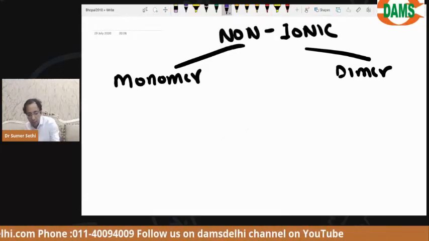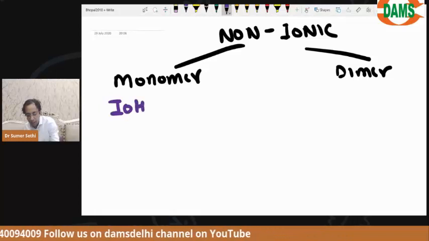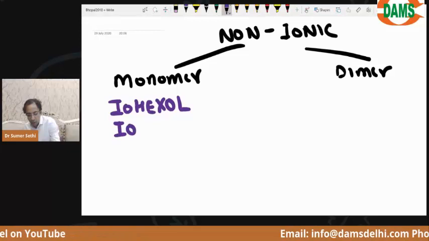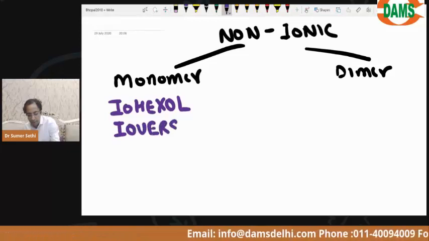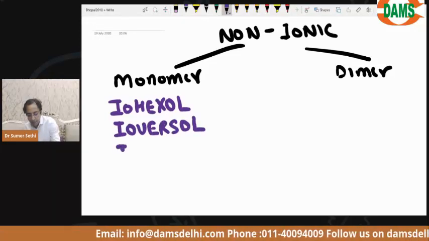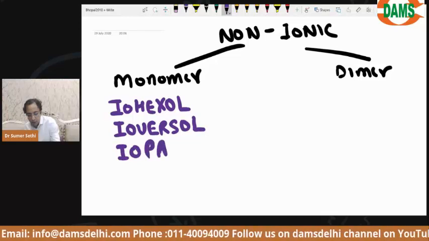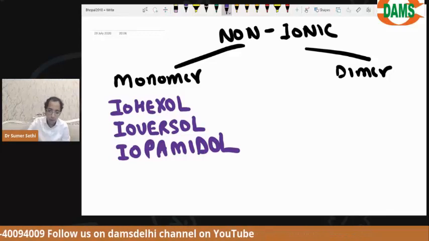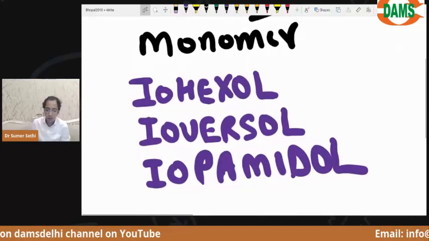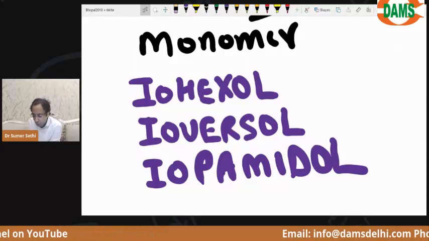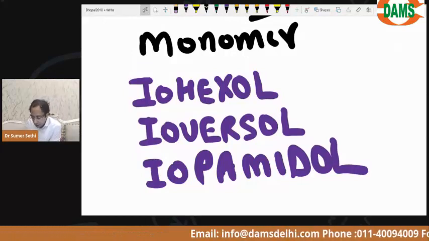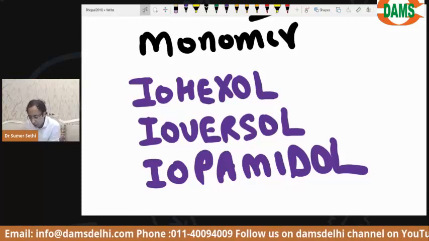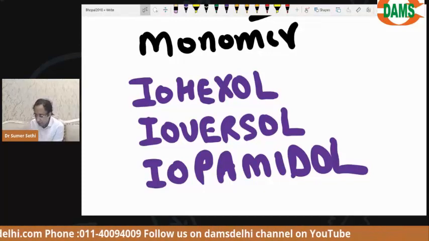Non-ionic monomers are iohexol, ioversol, iopamidol.